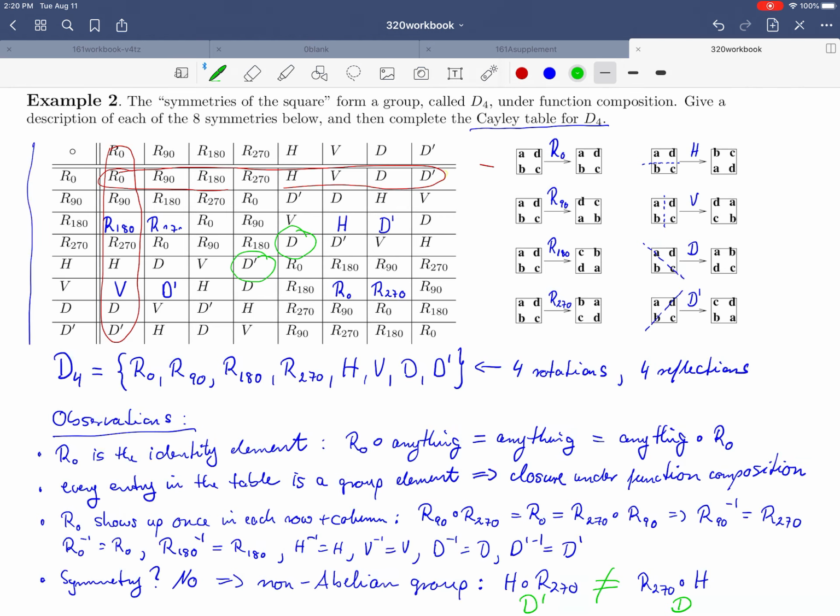You get some practice with the operation, and then you also have just a very nice way to learn about the structure and find the identity element, find inverses, convince yourself that the group is closed under the operation in question. So it's a really, really nice tool to start studying a new group.